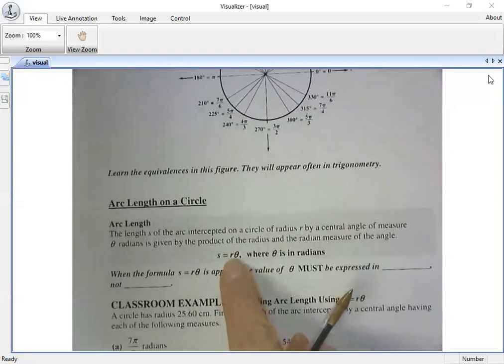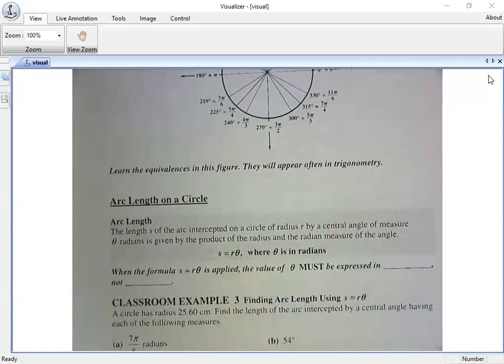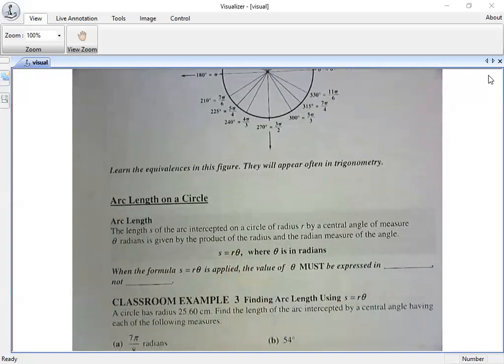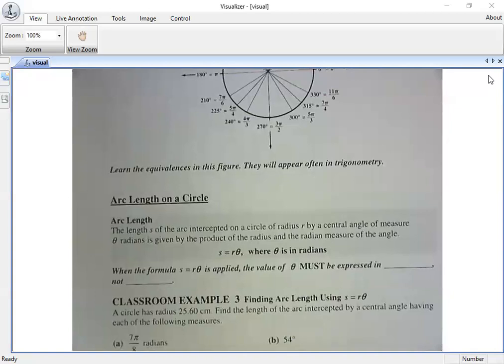What this would tell me is if it's a unit circle and my radius is 1, that's what makes it a unit circle, and I multiply it times an angle measure of pi over 3, guess how long that arc length is? Exactly, and that was our definition of how we were finding those radians, right? Because if I were to take that, I'm going to see that the angle measure and the arc length are going to match when I'm working in a unit circle.